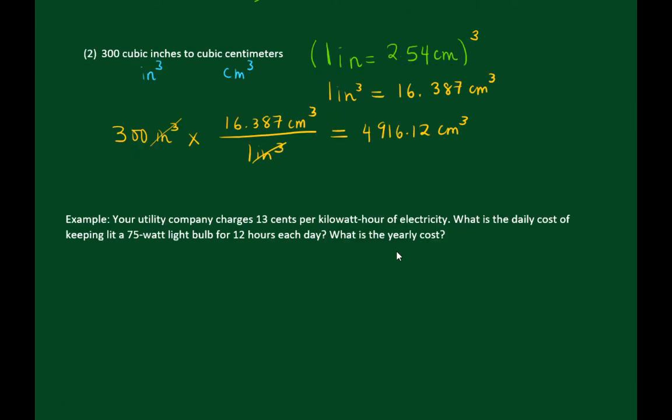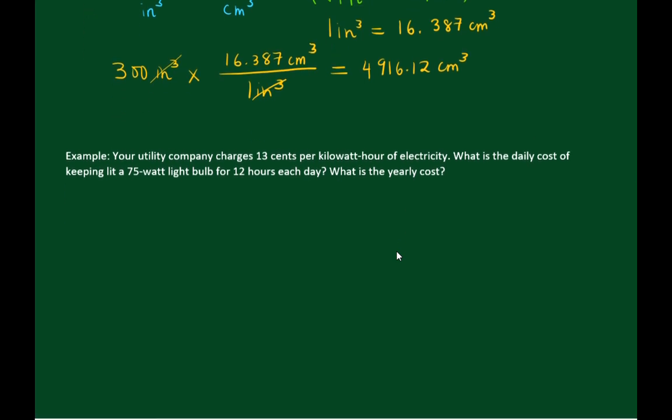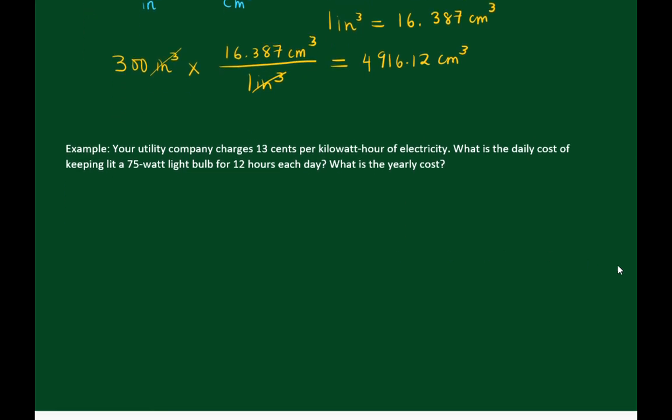The next problem is one that I really love. This is really a nice application problem. You can easily learn how much your utility company charges per kilowatt hour of electricity. You can just check the website or look at your bill. For example, it's something like 6 cents where I live.